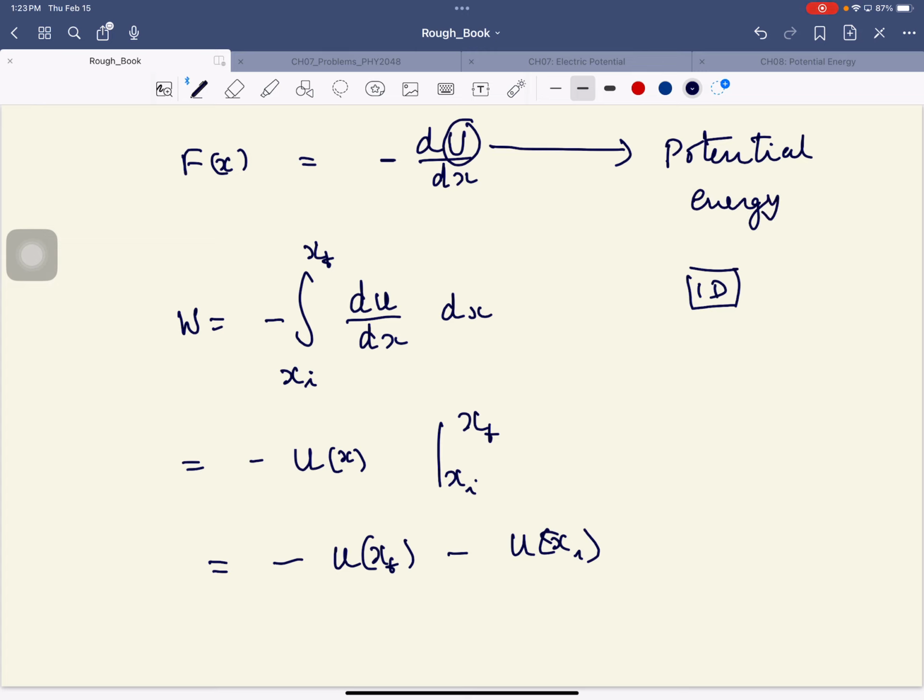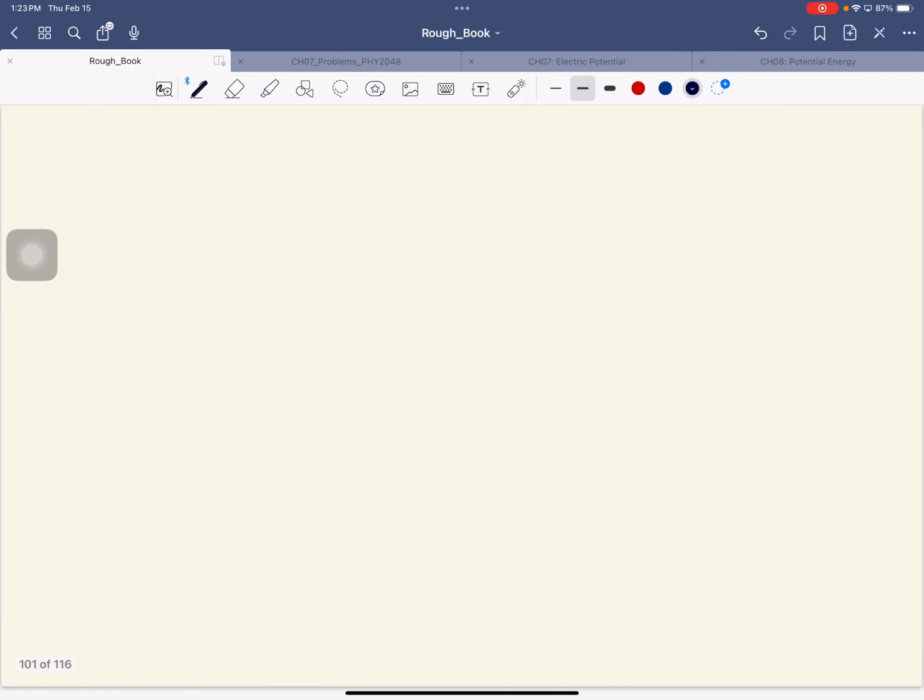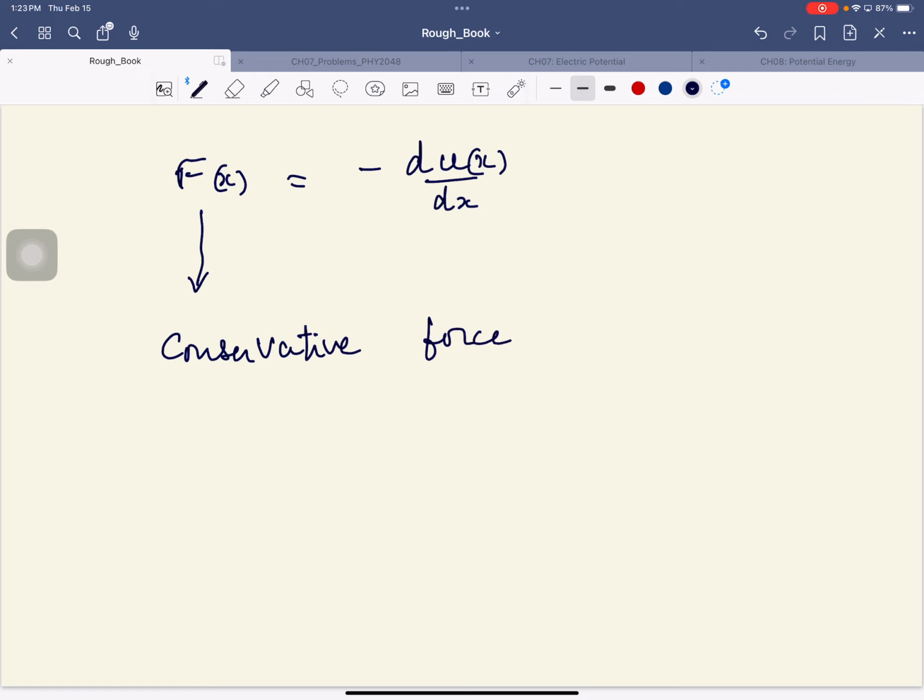We talked about gravitational potential energy already. This guy is called a conservative force. So this chapter is about forces that can be written like so.